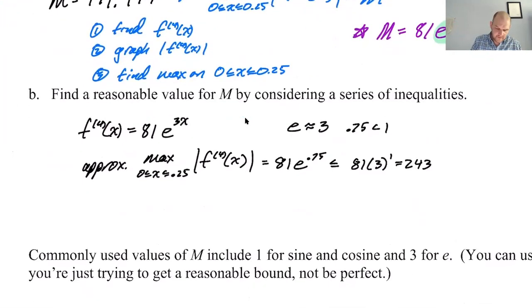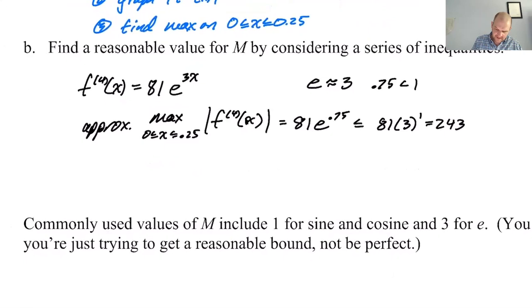So here, the absolute value of the error is definitely less than or equal to 243 times the absolute value of 0.25 minus 0 to the fourth, over 4 factorial.